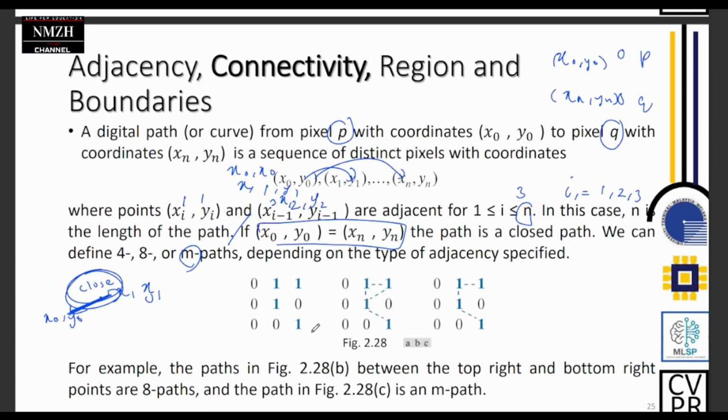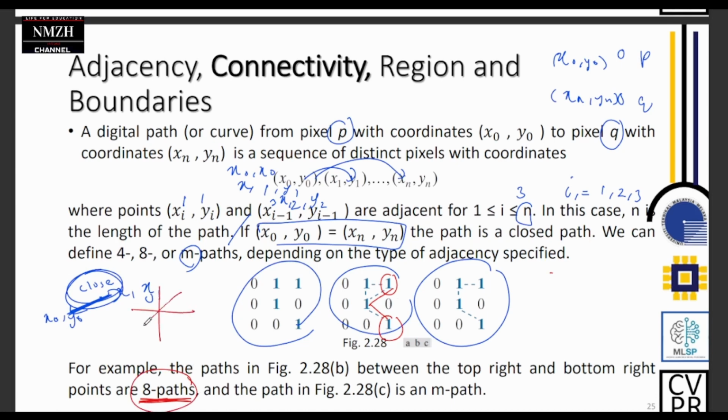To do this, we have 3 things to be discussed: A, B, and C. The path in 2.28b, between the top right and the bottom right, are the 8 paths. Either way, we go to here and here. Basically, they will be using the 8 paths because 8 describes this particular neighborhood, right?